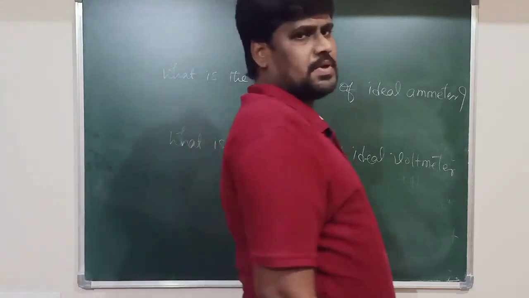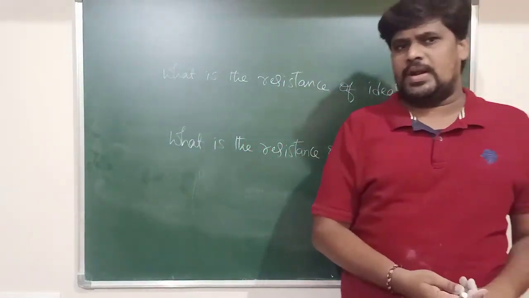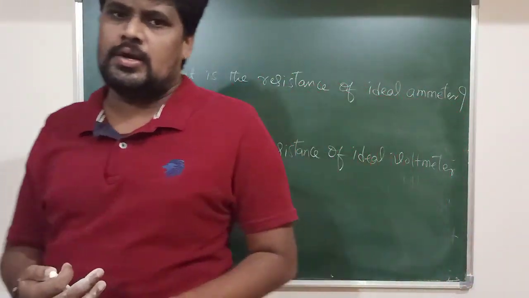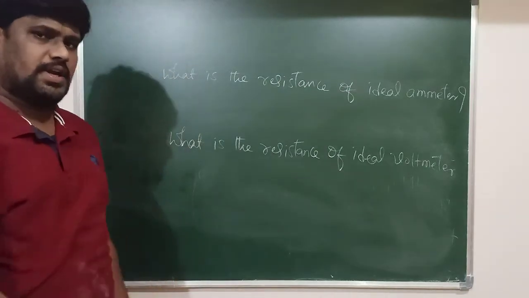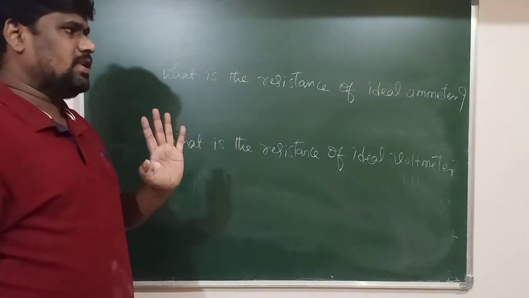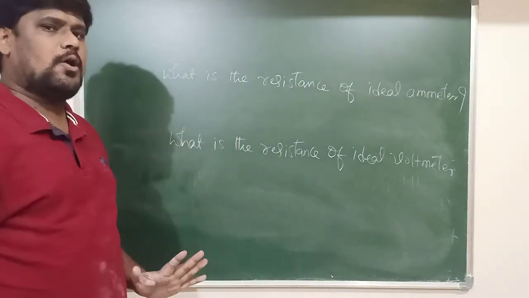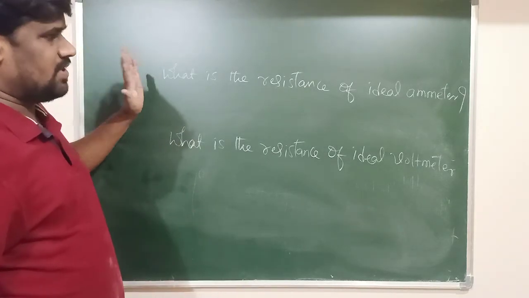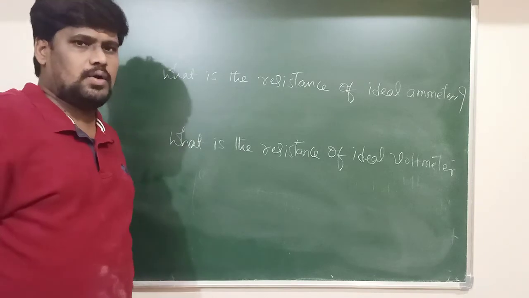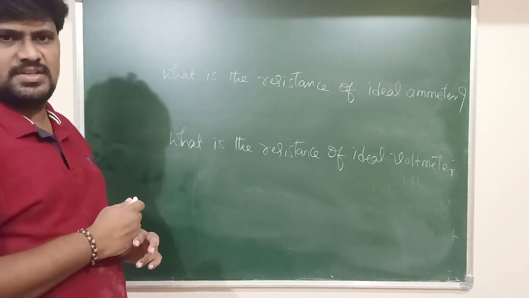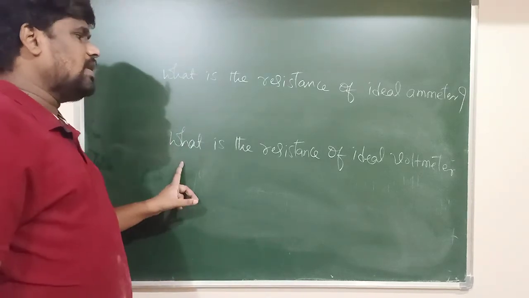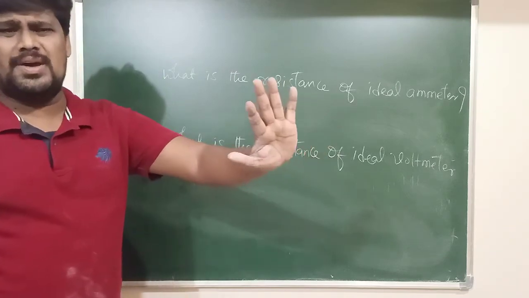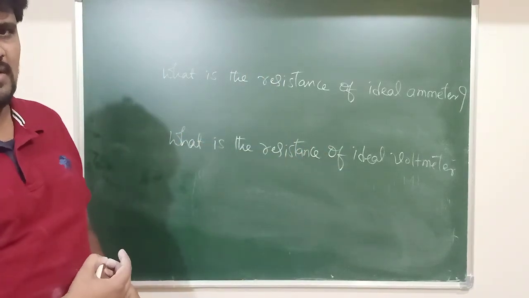So in the concept of conversion of galvanometer into ammeter and galvanometer into voltmeter, I have made one point clear. A current measuring device should have the minimum resistance. A voltage measuring device should have the maximum resistance.